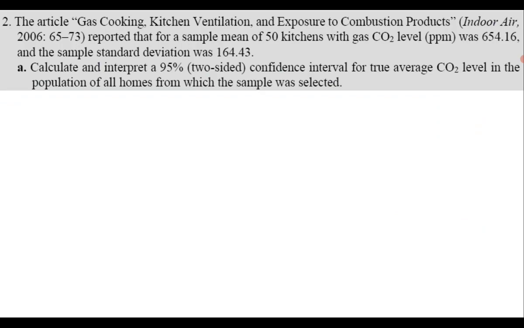Now this question is in the tutorial sheet. Everything is the same as in the previous question, so that's why I am not discussing it much. You have to find the 95% confidence interval. We already know z alpha by 2 for this one. You are given x bar, the standard deviation, and the sample size, which is 50, and you need to find the confidence interval. It is a similar exercise, with one additional point, which is the interpretation.